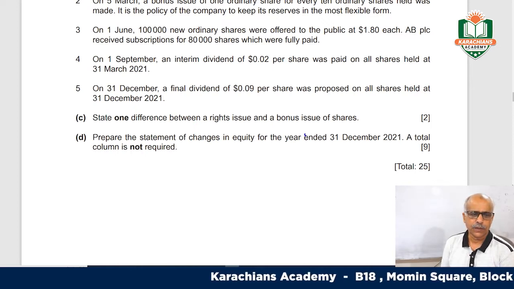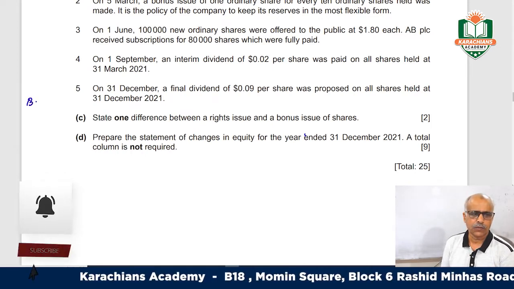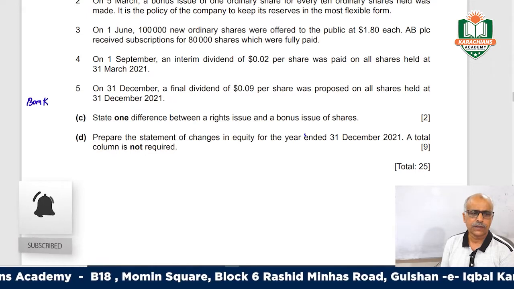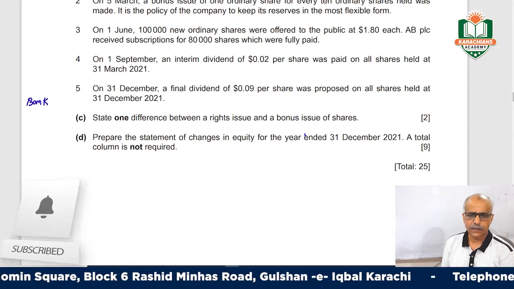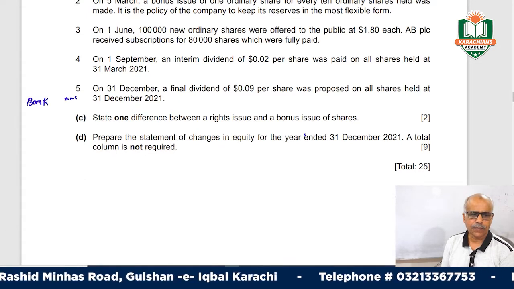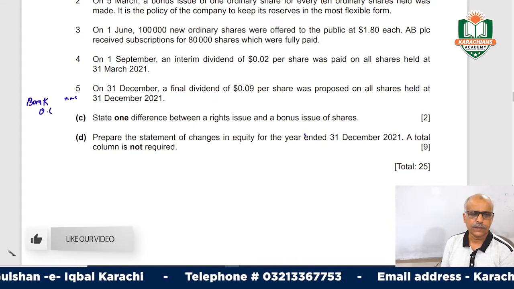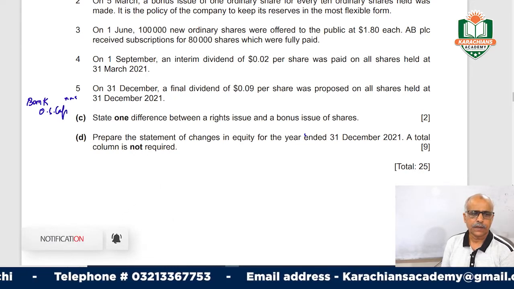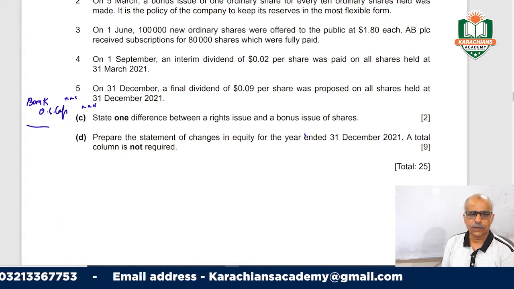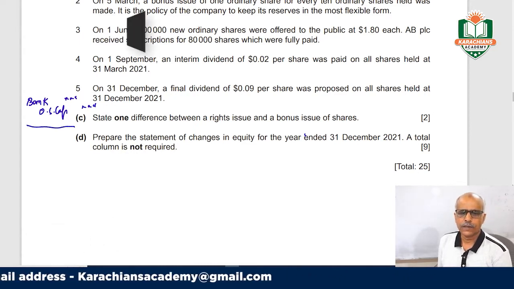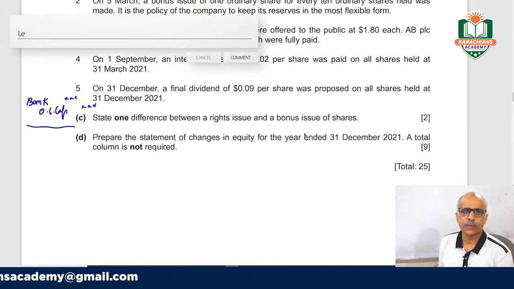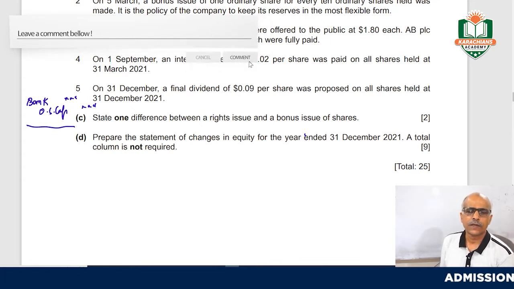When you get the money, it increases your bank, whatever the amount is, and you credit your ordinary share capital with that amount. So in a rights issue, it increases your assets as well as your equity.